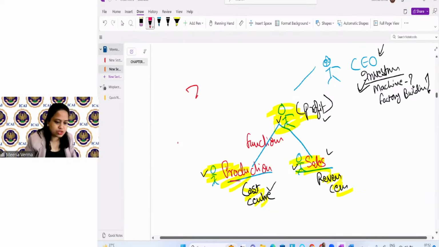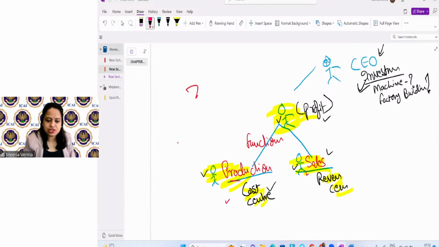He is only responsible for cost. This manager is only responsible to generate revenue for the company. And this manager is responsible for profit of the company.